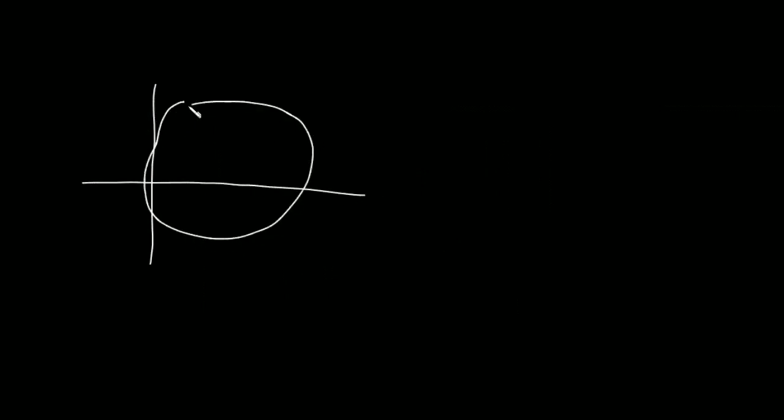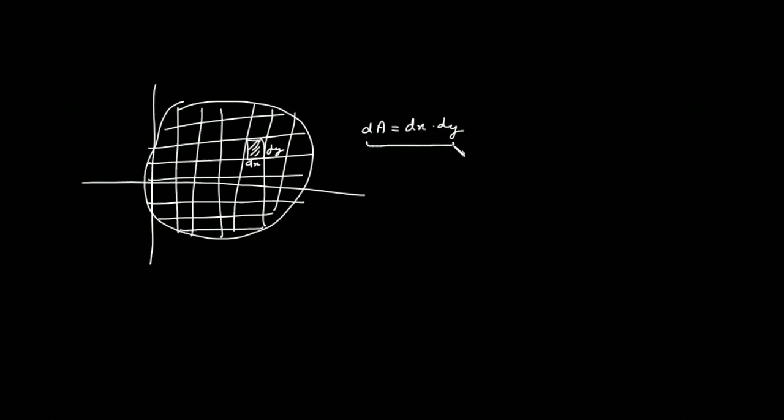So in Cartesian we are given any region. We split this region into small meshes, means small rectangles. We find out the area of this small rectangle, let it be dx, this be dy. Then dA is nothing but dx into dy, which is the area of the small rectangle.